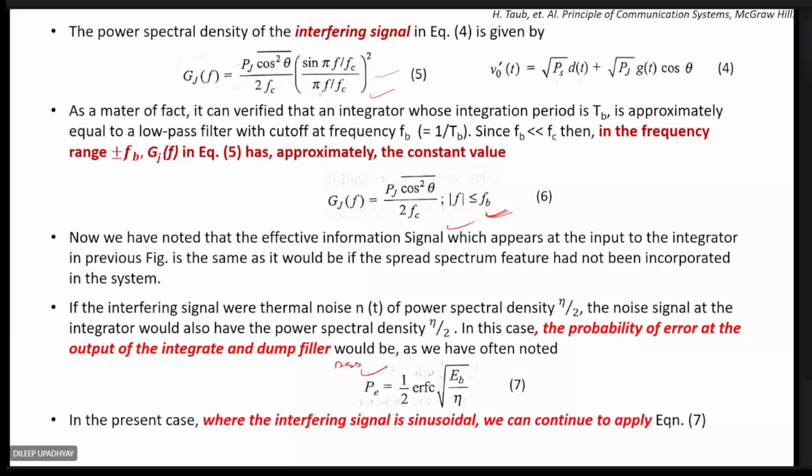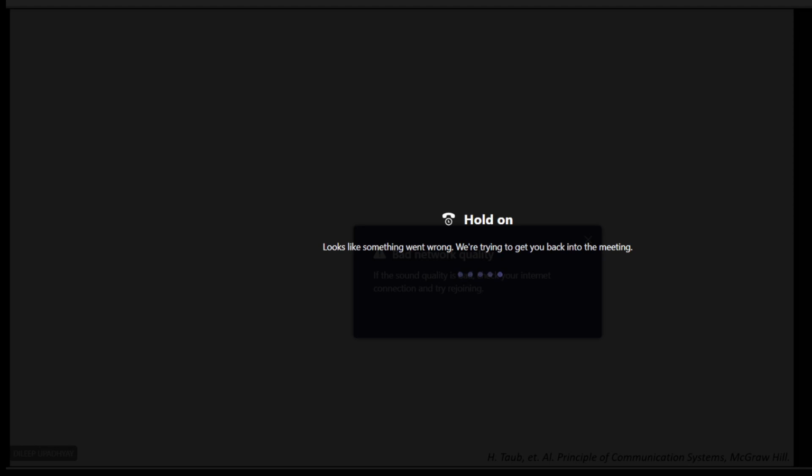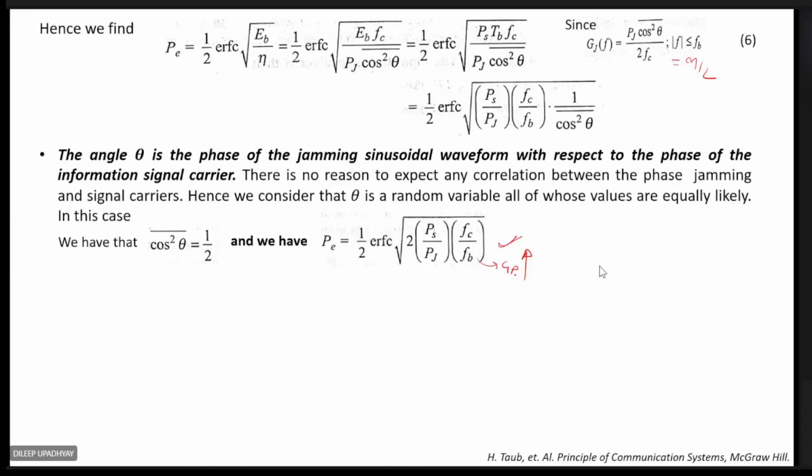So the probability of error can be reduced just by increasing this processing gain, or we can say just by increasing the chip rate of the gain sequence.